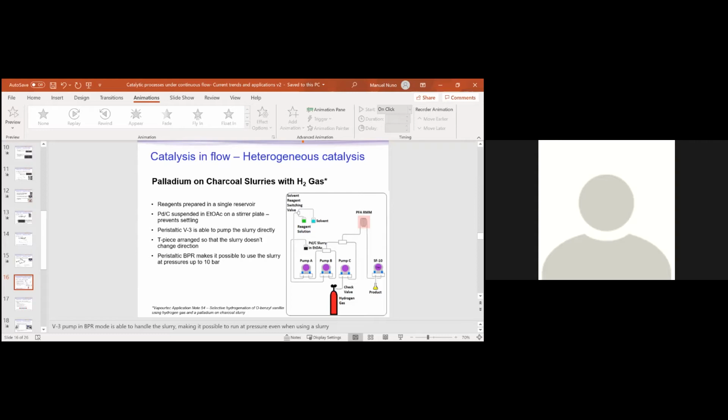Your life would be a lot easier when you don't have to deal with plugging and having to shut down often. So is there an option where you can have a highly dispersed metal supported on just any standard support?